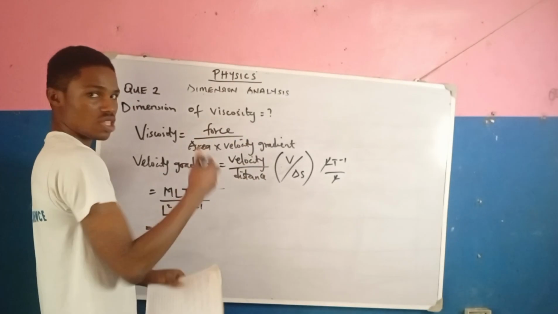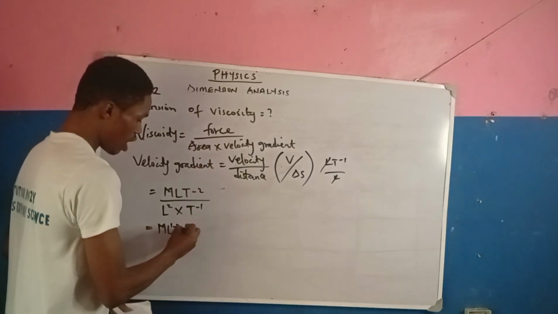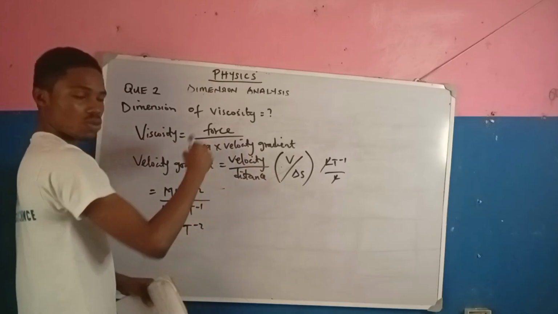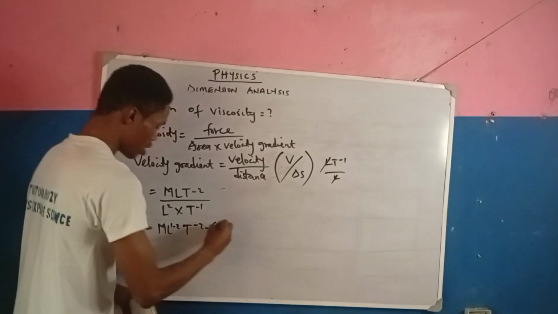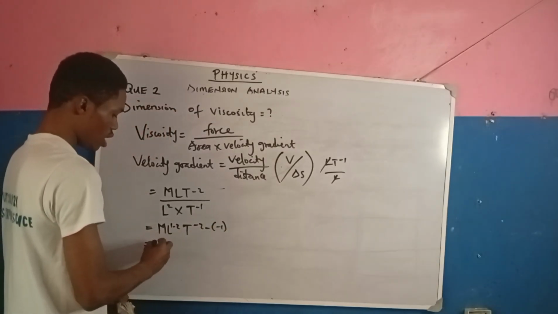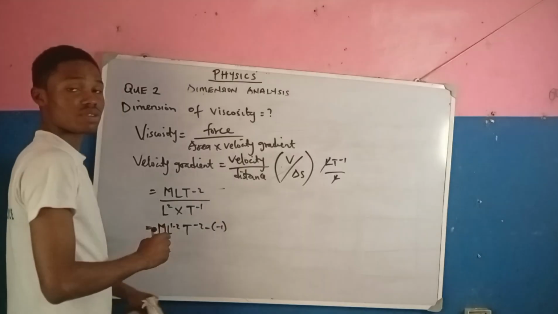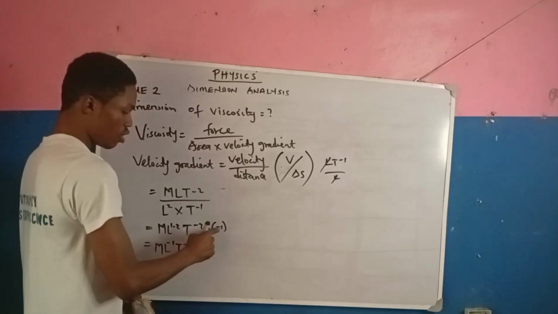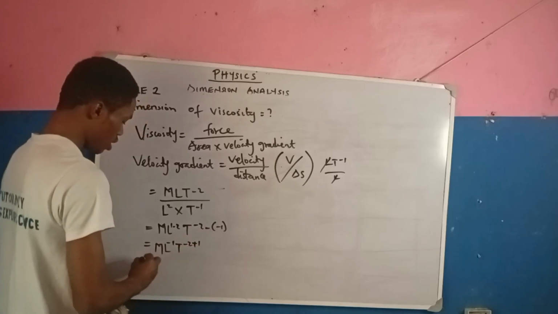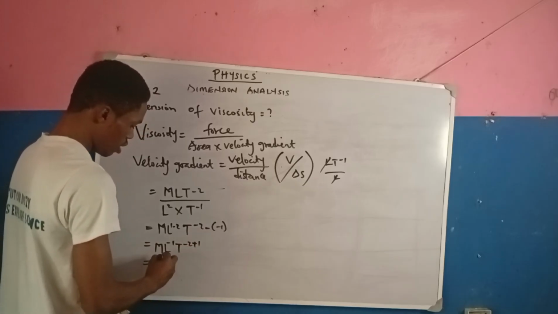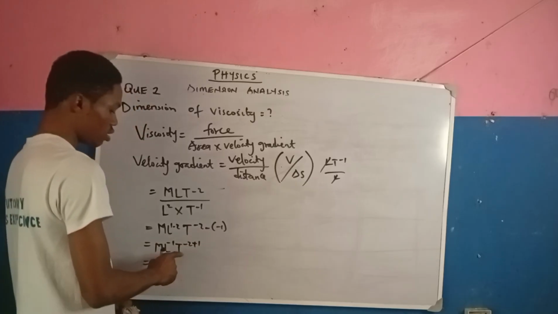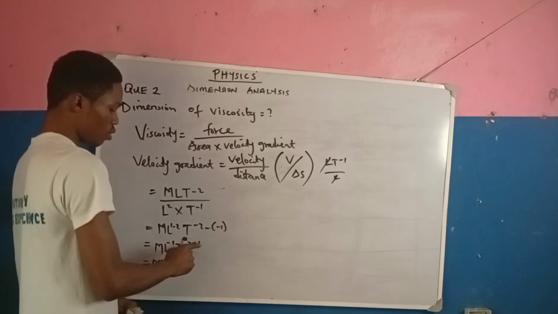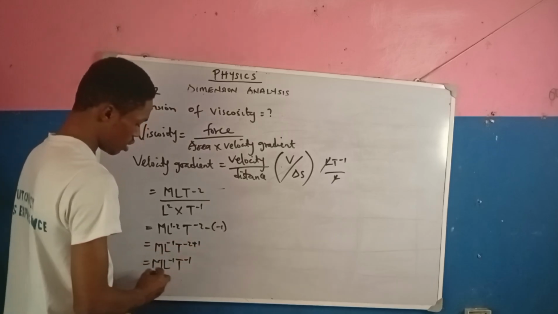Now we have T^-2; once this one comes up, it becomes +1. So this is equal to M, and 1 minus 2 is -1, L, T^-2 plus 1, we have -1. So we have ML^-1T^-1.